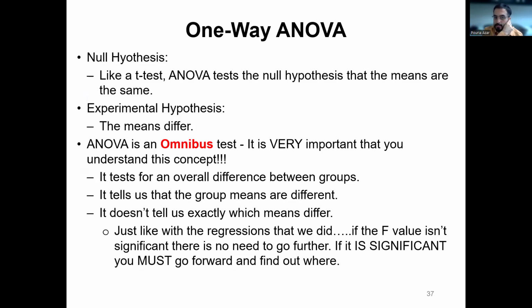And ANOVA is an omnibus test. What does it mean? It means it tests for an overall difference between groups. It tells us that the group means are different. It doesn't tell us exactly which means differ.